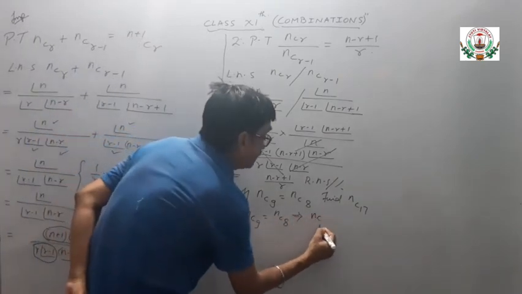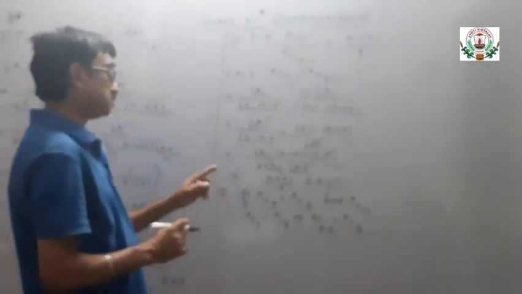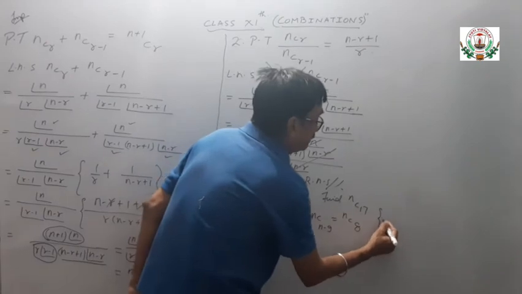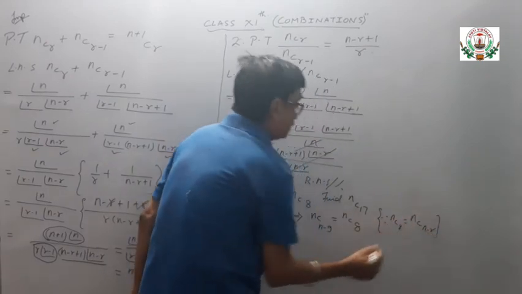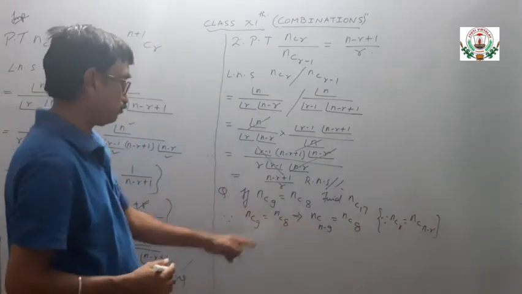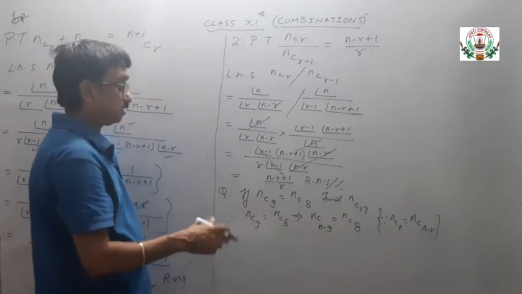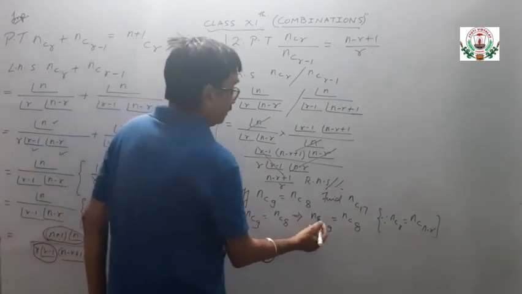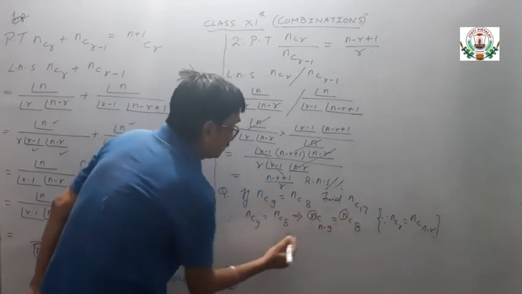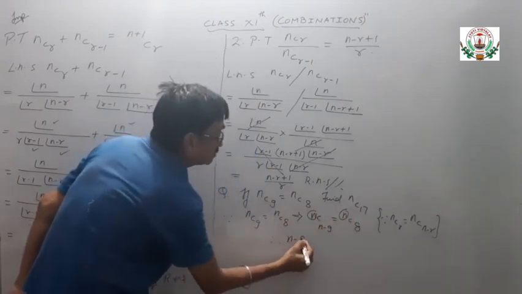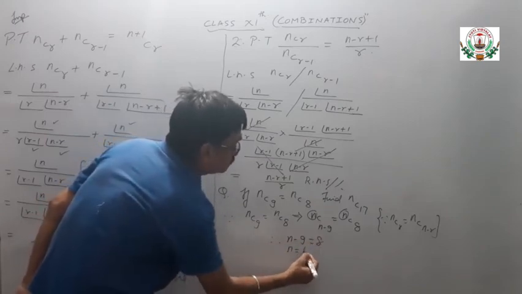So NC(N minus 9) equals NC8. NCr is equal to NC(N minus r). Since NCr equals NC(N minus r), we are applying the complementary combination formula. When we apply it on one side, either left side or right side, NC(N minus 9), both the values are the same, so we can compare their r's. So N minus 9 equals 8, so N is equal to 17.